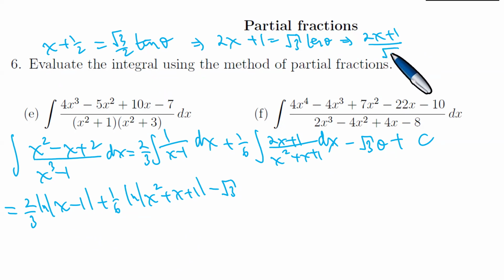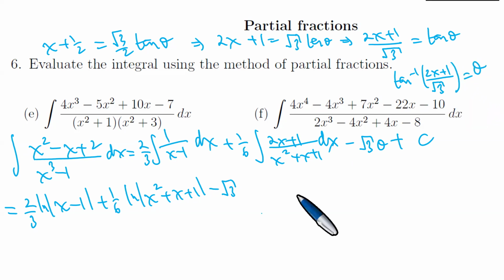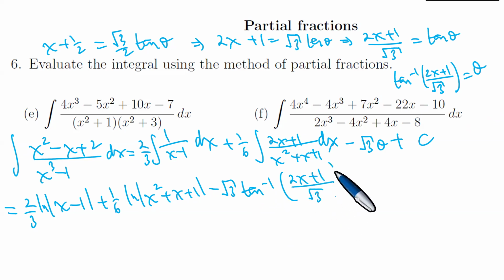You have the 2x plus 1 over the square root of 3. So that in the end, 2x plus 1 over the square root of 3 equals theta. So that this is the square root of 3 arctan of 2x plus 1 over the square root of 3. Okay.